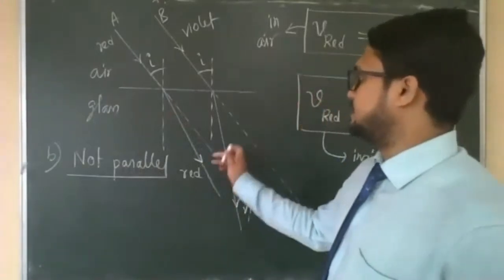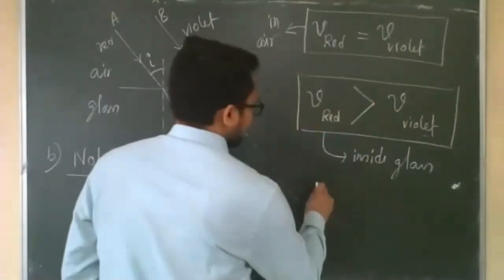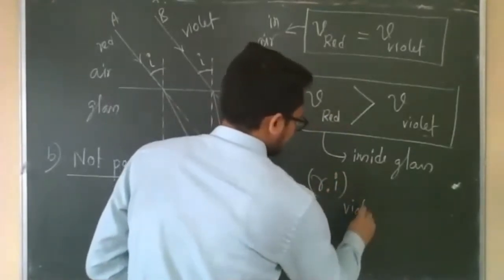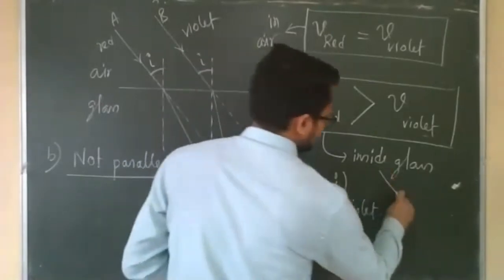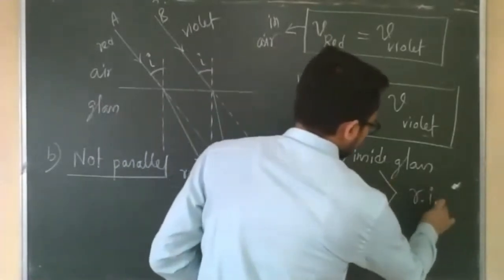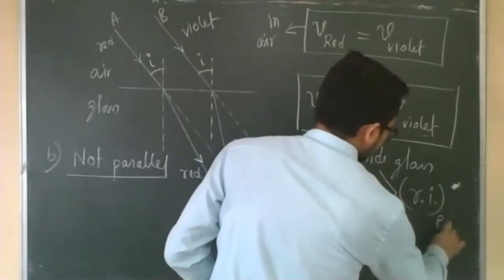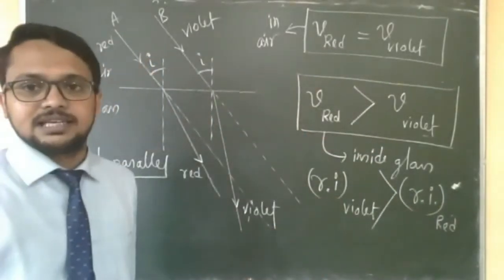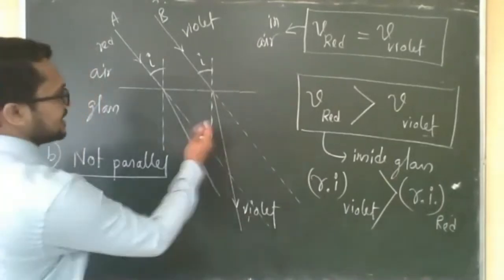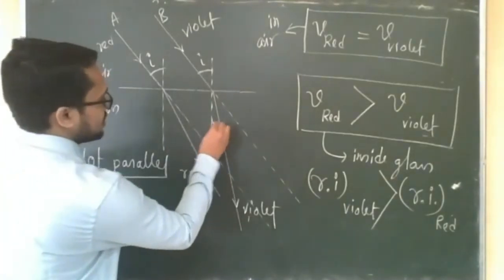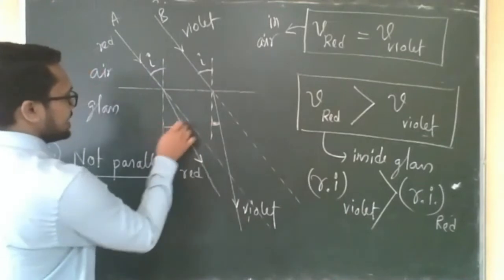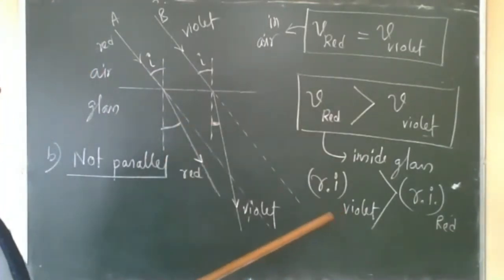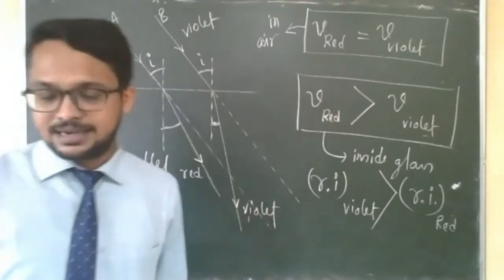Violet is bending more, so the refractive index for violet is more than the refractive index for red. The angle of refraction is smaller for violet. Here red is bending less. So for violet color, the refractive index will be more than red color.